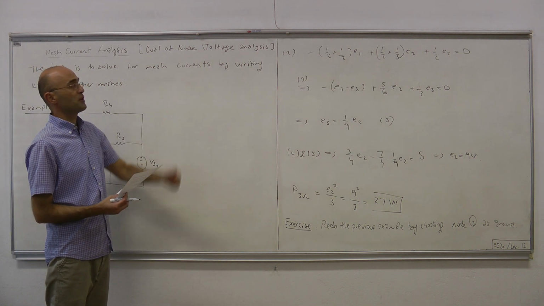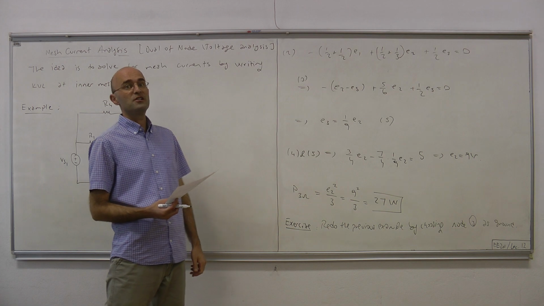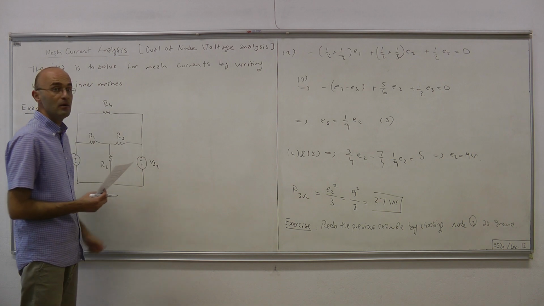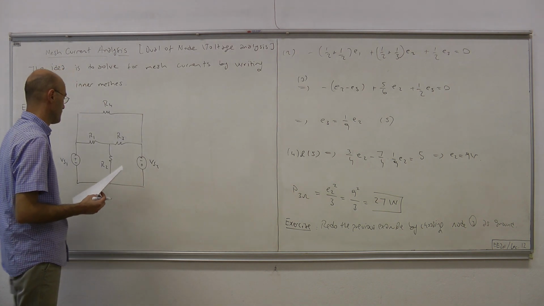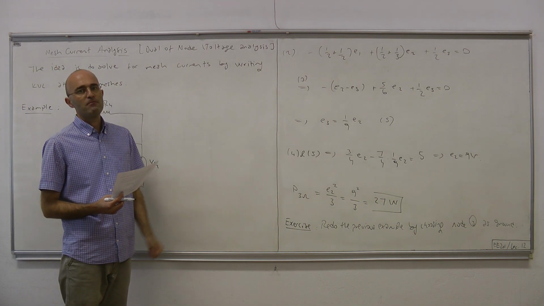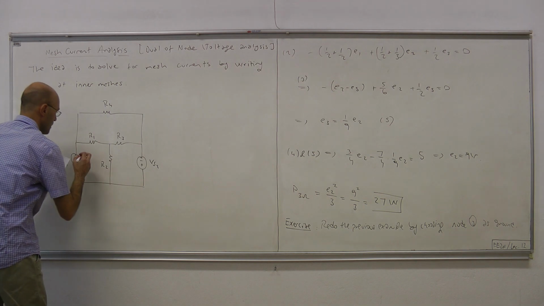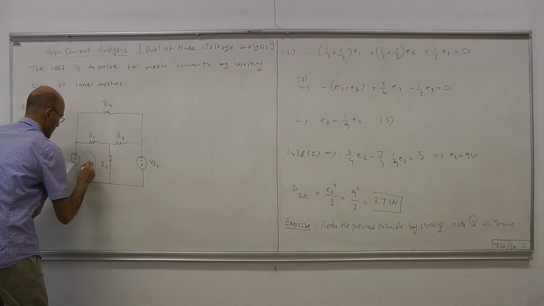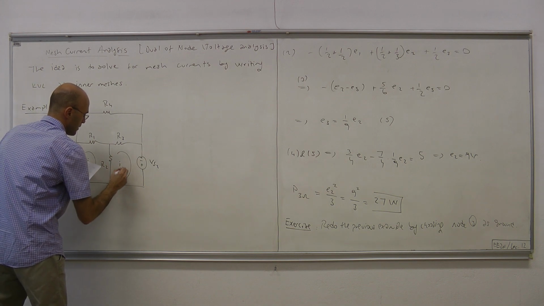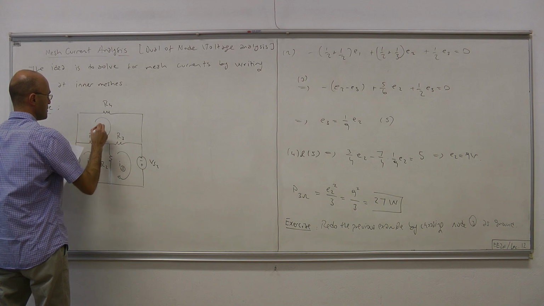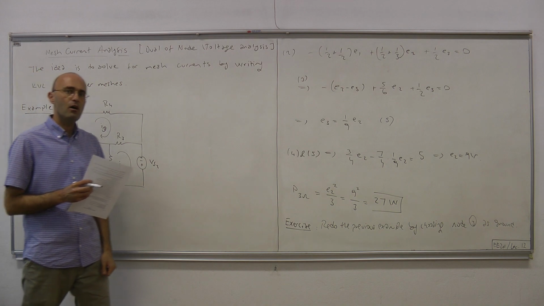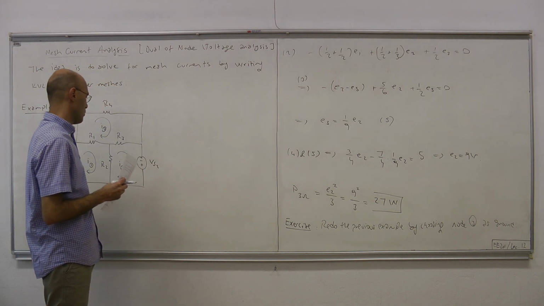Now, with node voltage analysis, we said the very first thing that we should do is labeling, and it's true also for mesh current analysis. The first thing you should do is label the mesh currents, your unknowns. So we have 1, 2, and 3 meshes here, so that means we have 3 mesh currents. Let's label them as follows. This is I1, this is I2, and this is the mesh current for the 3rd mesh. By convention, their directions are all chosen to be clockwise.